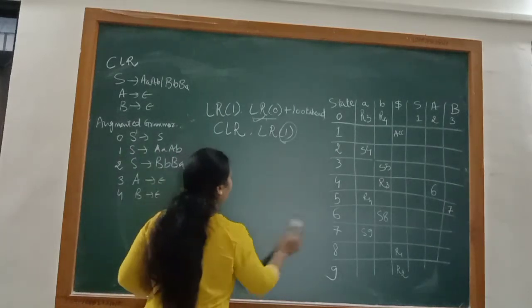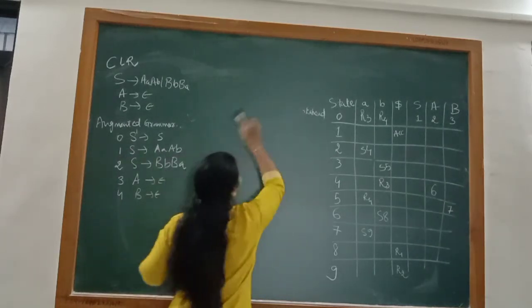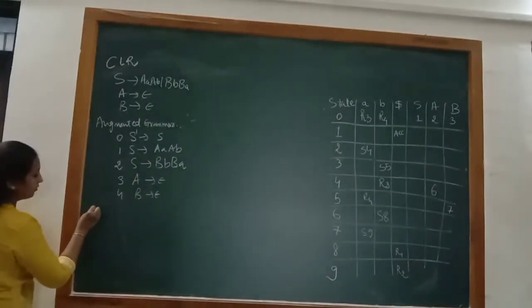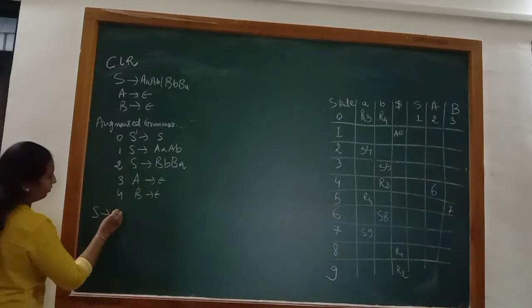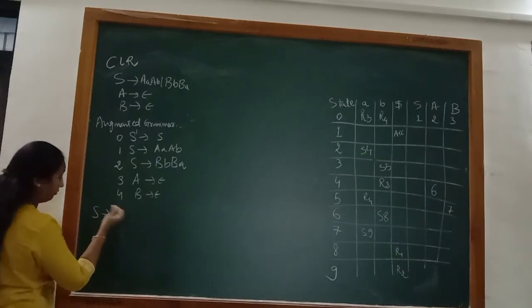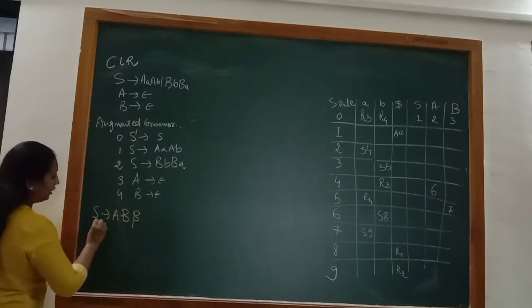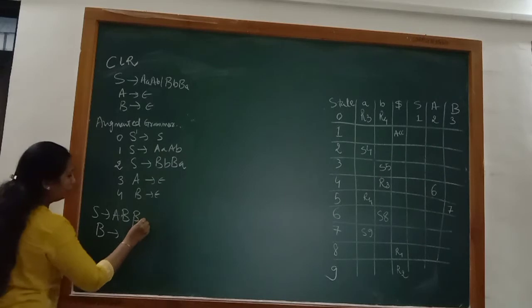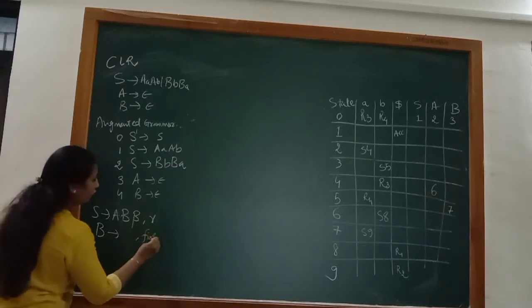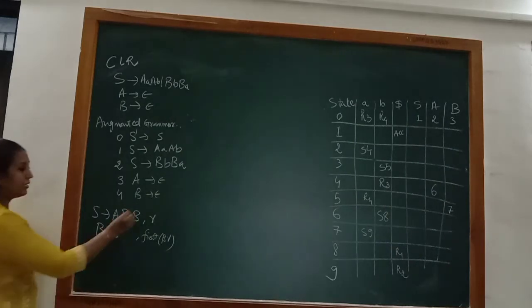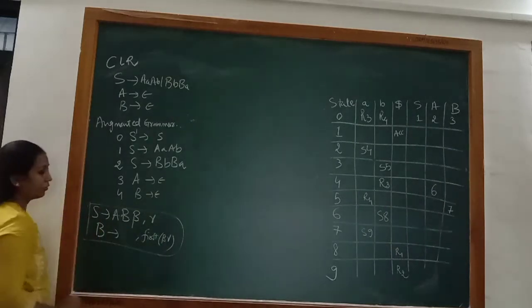Let me write down the rule again: if you have a production of the form S to A dot B beta, then in the production of B, the lookahead will be first of beta. That is the rule to calculate the lookahead.